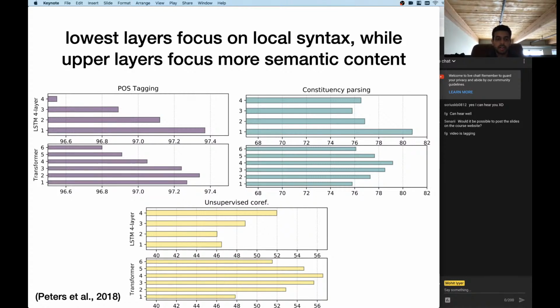But one finding from all these probe tasks that has been commonly reported is that the lower-level layers of these models focus mostly on low-level local syntax, things like part of speech or low-level parsing. And upper layers tend to focus more on semantic content.